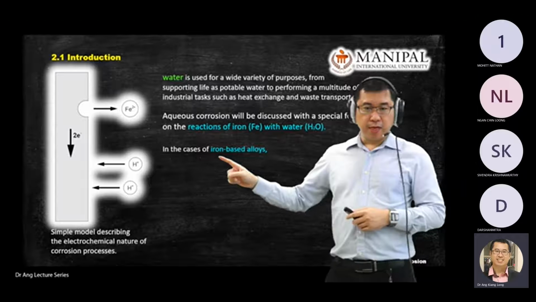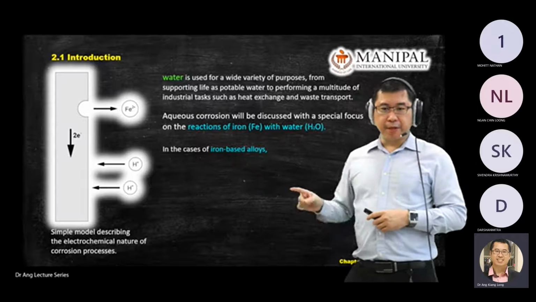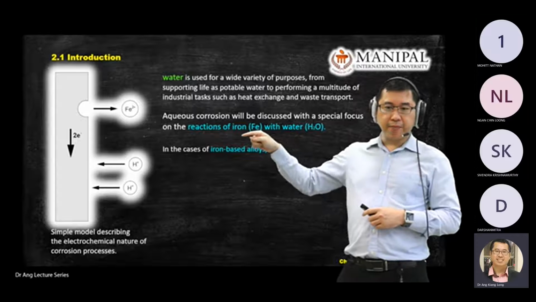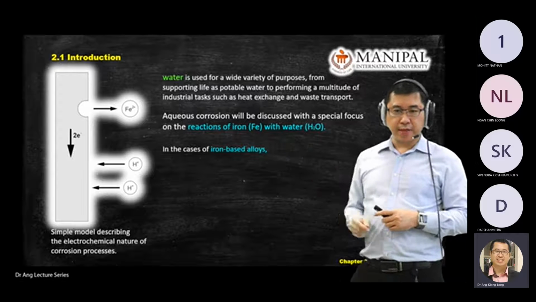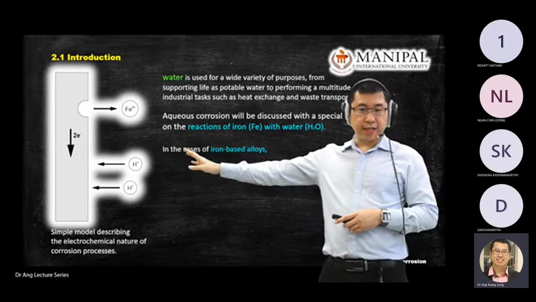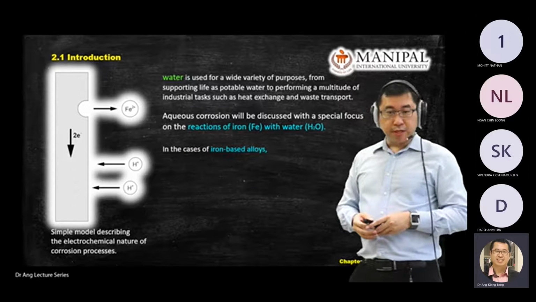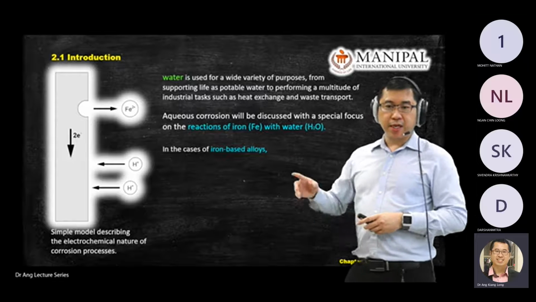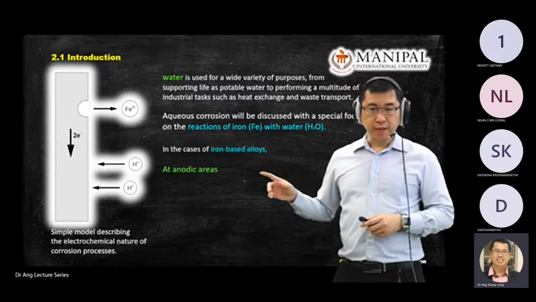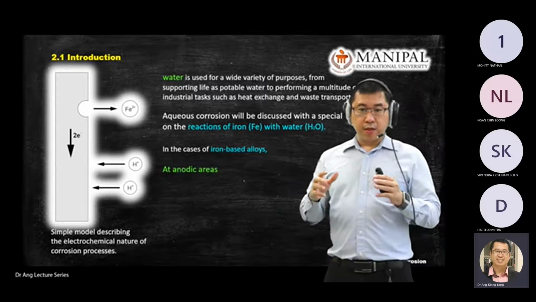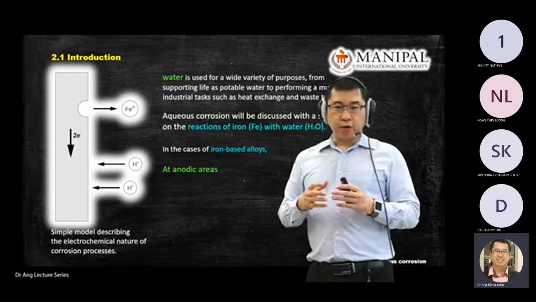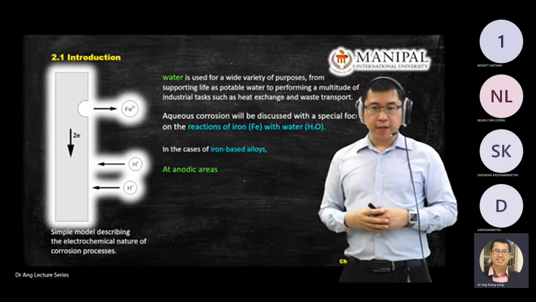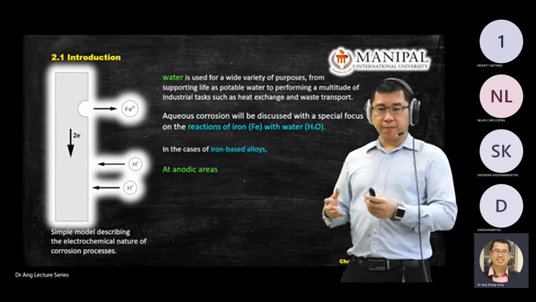All right, now let's look at iron-based alloy. What happens if you put iron-based alloy or iron in the water? Like in the schematic diagram on the left, we start explaining the aqueous corrosion activity in the water. First, you know that when corrosion happens, you will create a positive charge and negative charge, or positive polar and negative polar.